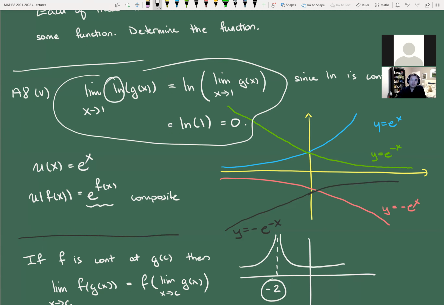Well, let's see. So h of g of x isn't too bad to look at. Let's put it this way.